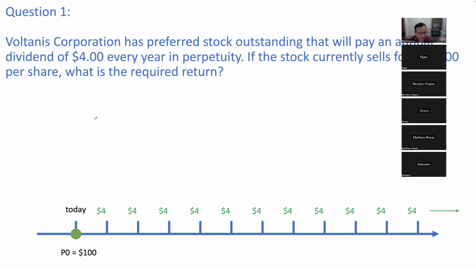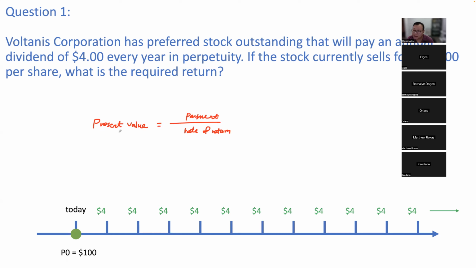There was a formula saying that the present value of a perpetuity equals the payment divided by the rate of return. So that's basically the formula.